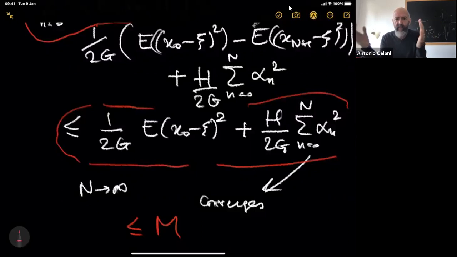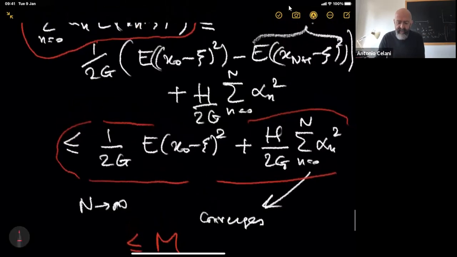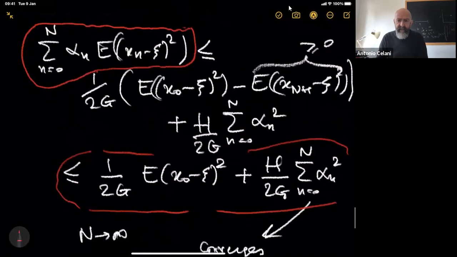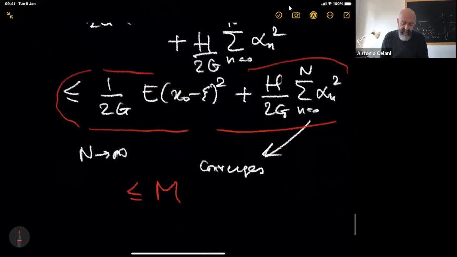So this will be bounded by two terms. One is the sum of learning rates, and the other one is how far I am from the origin, from the zero. But if this is bounded, now I use my second hypothesis, which is that the sum over alpha n going from 0 to infinity diverges.